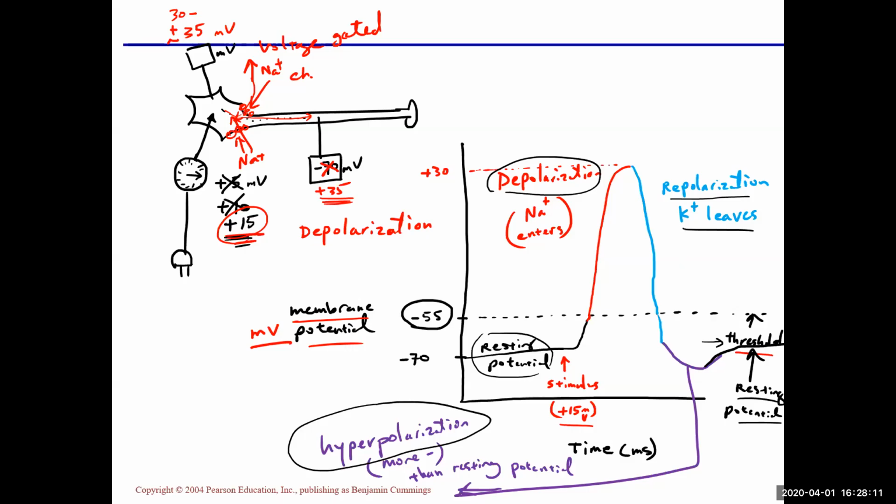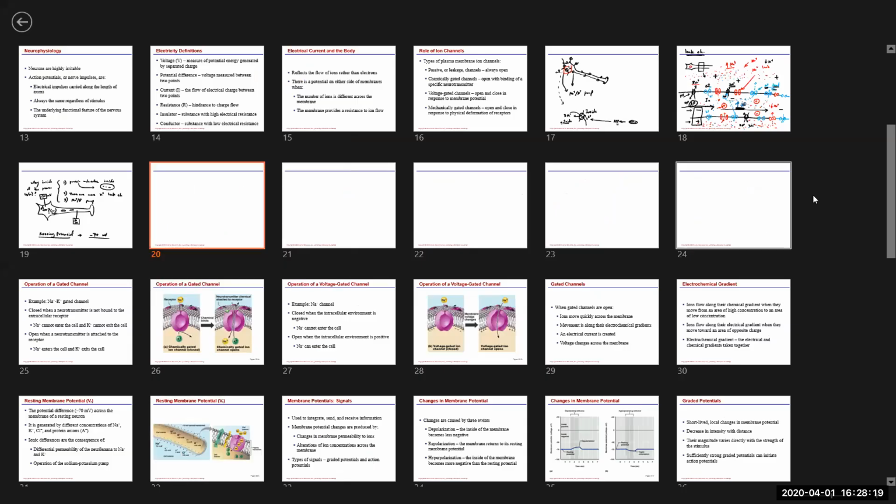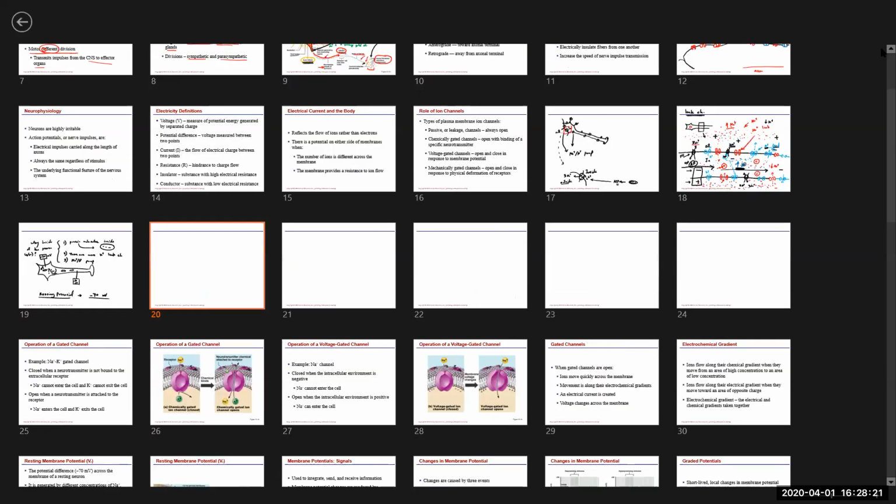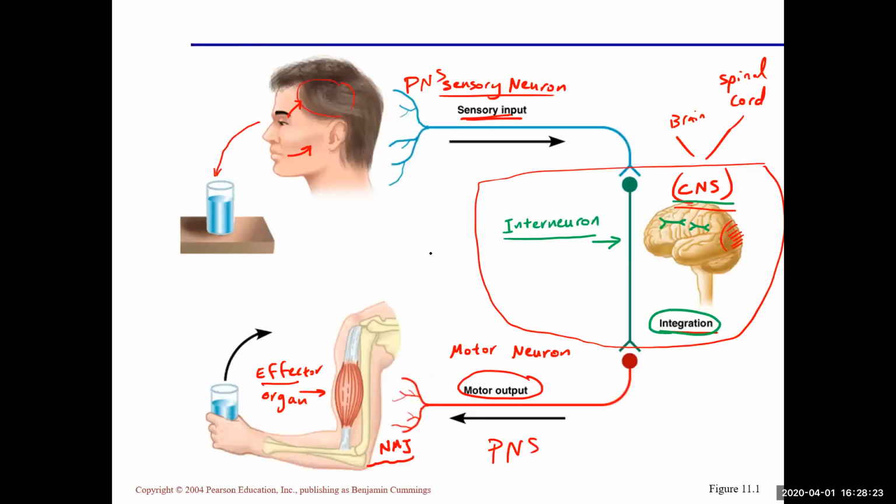Now you're saying to yourself, why should I care? Remember what we opened up the lecture with. In order for the sensory neuron to reach the central nervous system, so you could sense things, interpret things, integrate things, and so on, action potential needs to trigger.